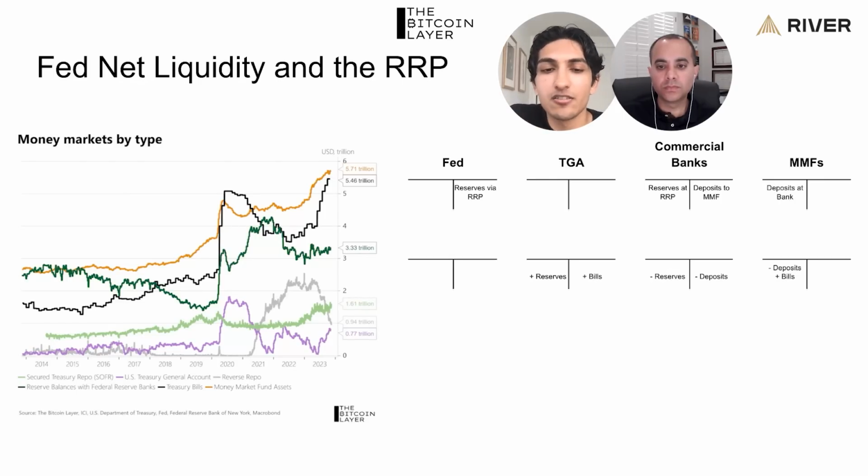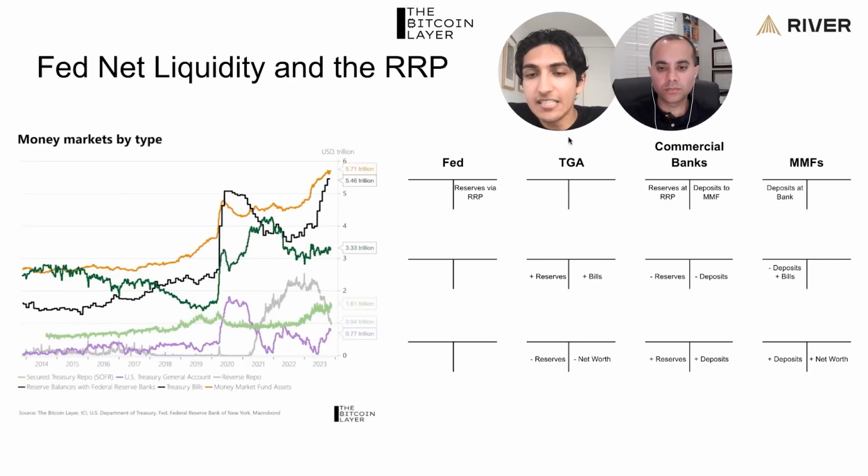balance sheet. So what that would look like is reserves on the banks' balance sheets are drawing down and reverse repo is drawing down. And then in the next step, the TGA spends those reserves back into the economy. That's like a stimulus check or paying some sort of contractor. So now those reserves are back on the commercial banks' balance sheets, but they're not sitting at the reverse repo, because that was the first step.